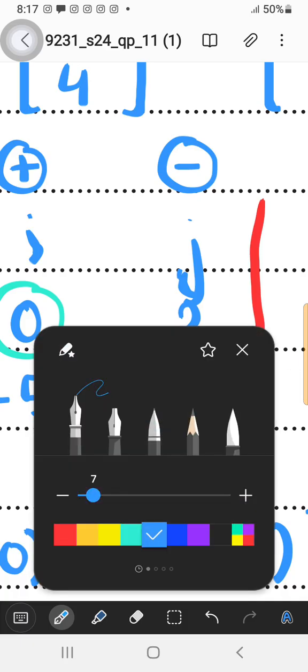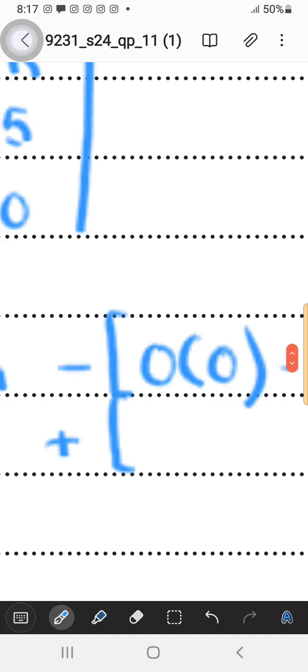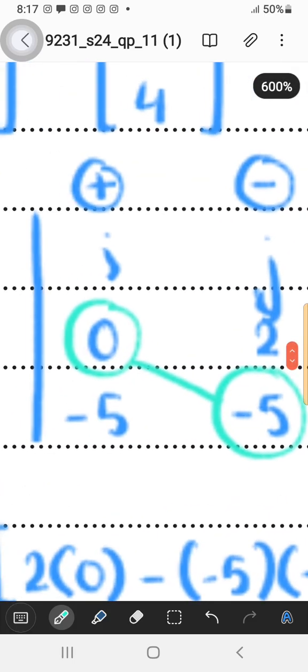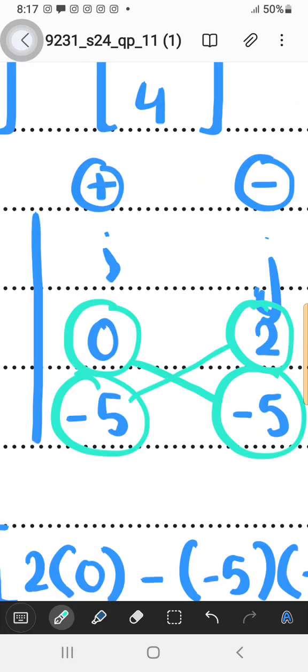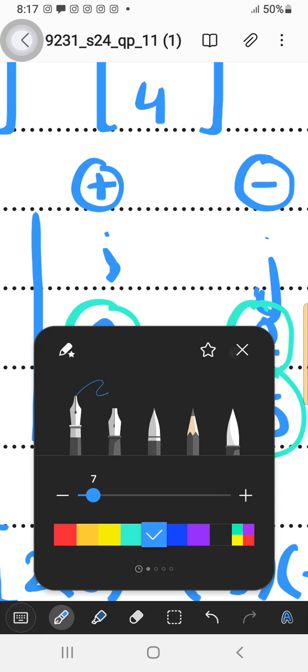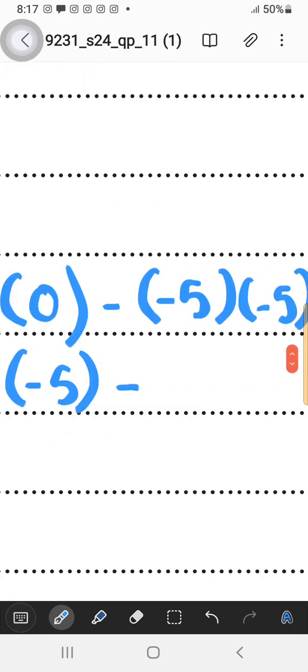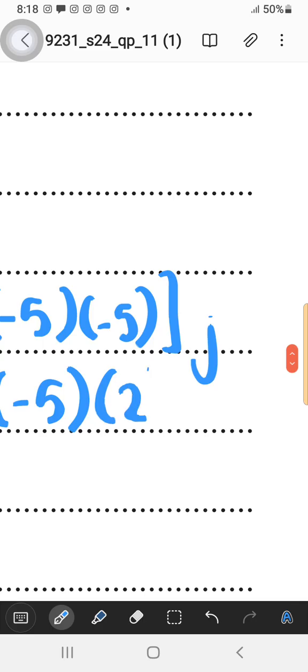Okay, so here 0 with negative 5, and then minus. Then we will multiply minus 5 and 2. So here minus 5 and 2, and this bracket got closed, and this is k.